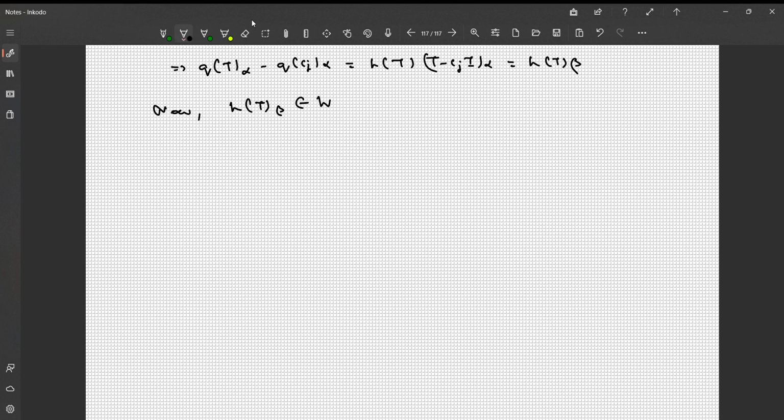So that implies q(T). So we can frame it like this. Let us say it is in this form, that now this is in W, right? Since p(T) of alpha is exactly equal to 0 because p is the minimal polynomial, this is equal to (T minus cj I) of q(T) of alpha.